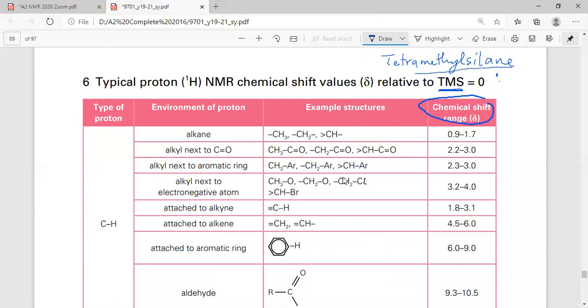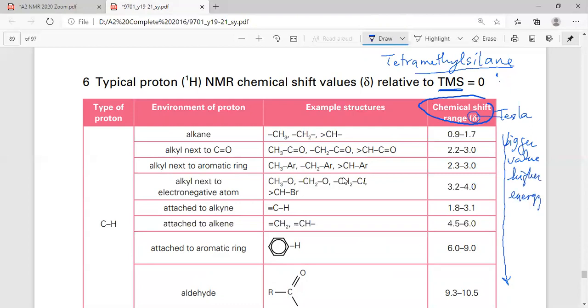Later we see what it means. This is a substance, and the shift is measured in parts per million. The bigger the value, the higher the energy. This is a thing to remember.